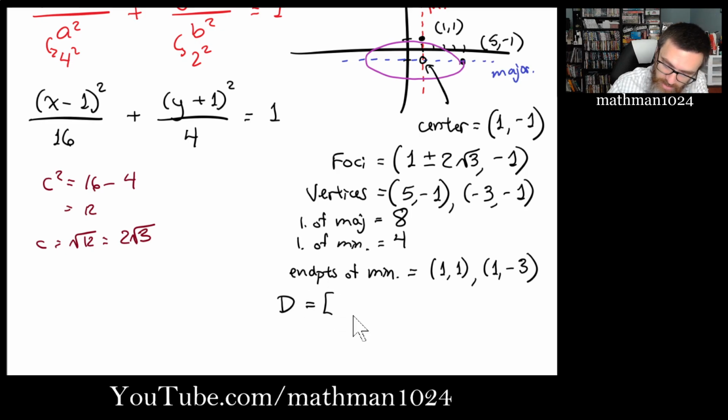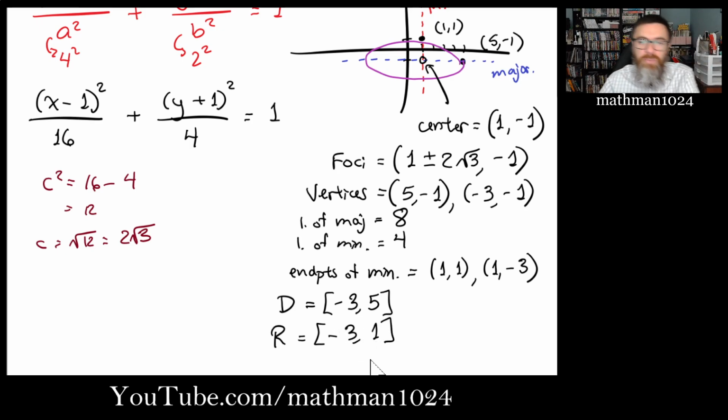Will be from, what is that? From negative 3 to 5. And my range is going to be from negative 3 to positive 1. Again, look at your picture. Look at the endpoints that we have for the vertices, for the endpoints of the minor axis, and it all falls into place. All right?